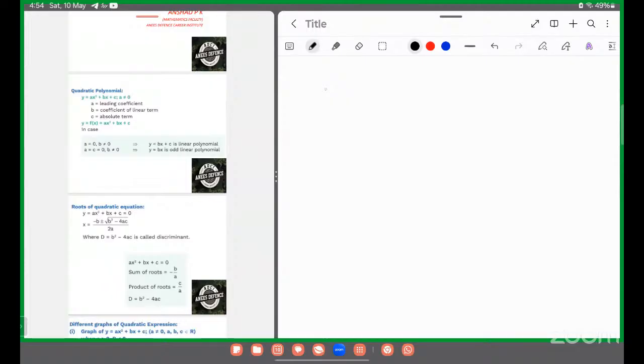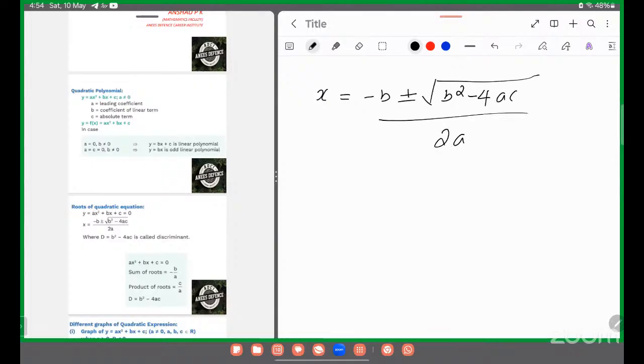The quadratic formula is x is equal to minus b plus or minus under root of b square minus 4ac, by 2a. This is the formula for the roots of the quadratic equation.